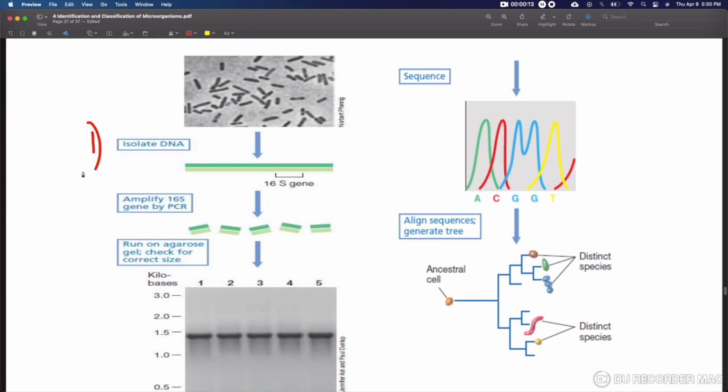After isolation of DNA, you will only use a certain portion of your DNA, not the entire portion. For example, for bacteria, we use the 16S gene. For fungi, we use the ITS, internal transcribed spacer, and so on and so forth.